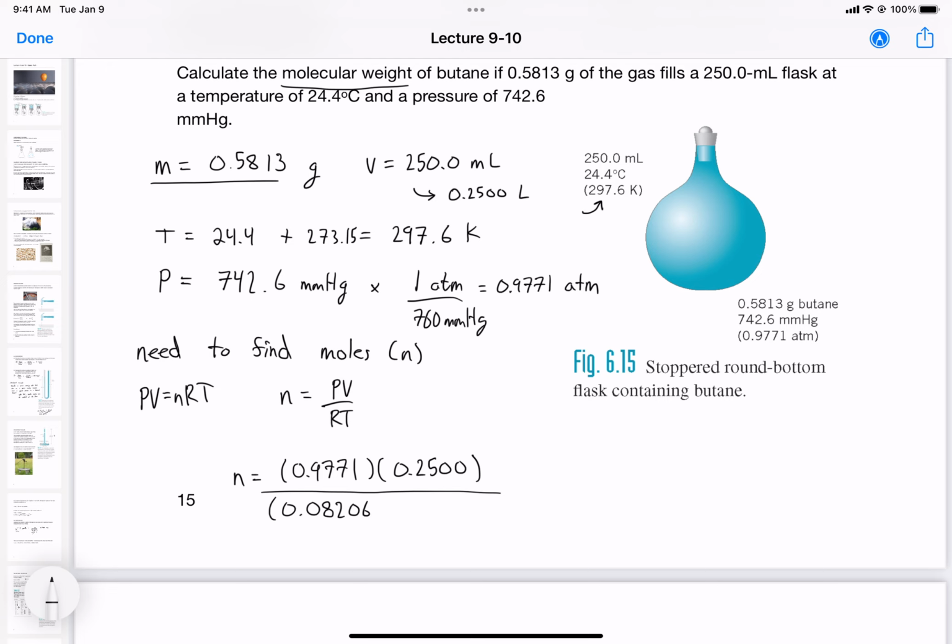Okay? All right, so that's temperature, gas constant, volume, and pressure. And we get 0.01001 mole of butane.